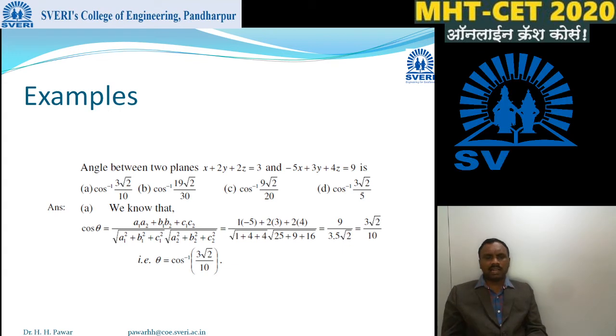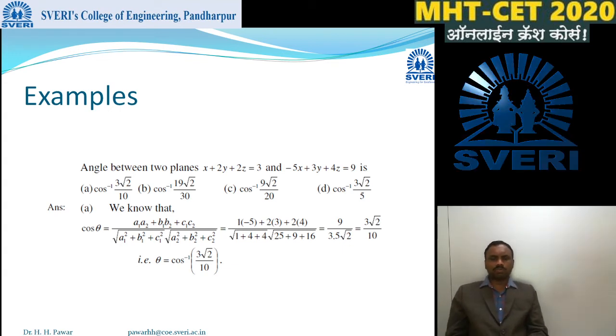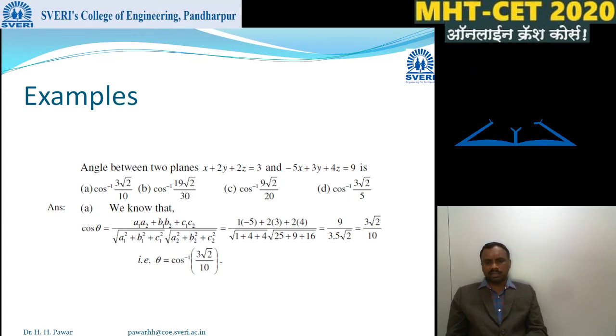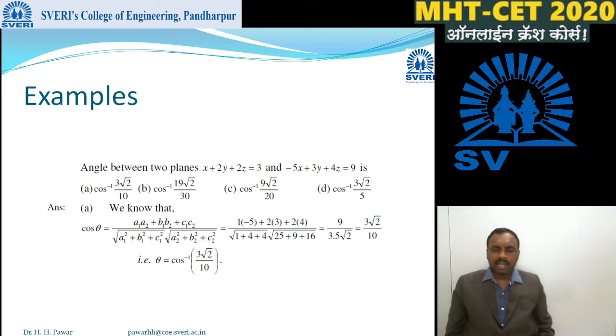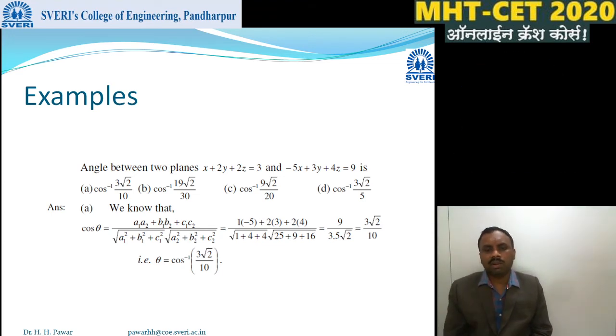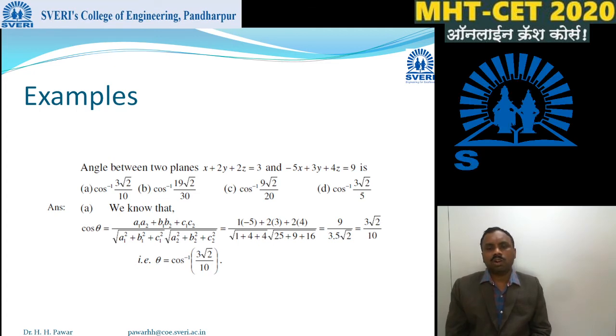As we know, the formula for finding the angle is cos theta equal to (a1 a2 plus b1 b2 plus c1 c2) divided by square root of (a1 square plus b1 square plus c1 square) into square root of (a2 square plus b2 square plus c2 square). Here a1, b1, c1 and a2, b2, c2 are the respective direction ratios of the given two planes.